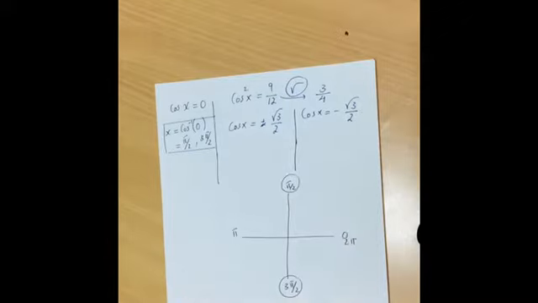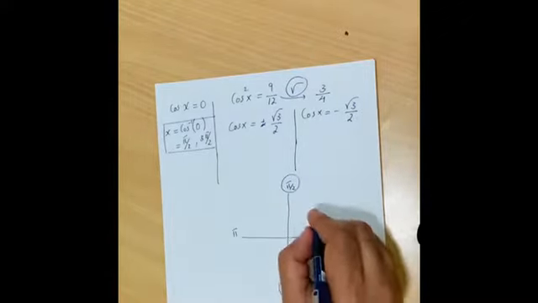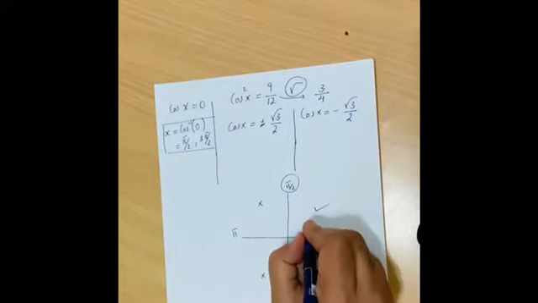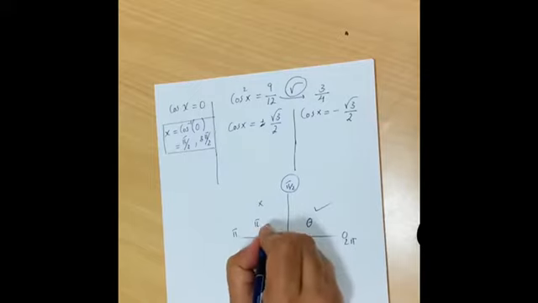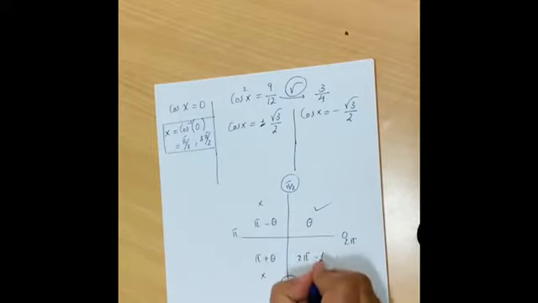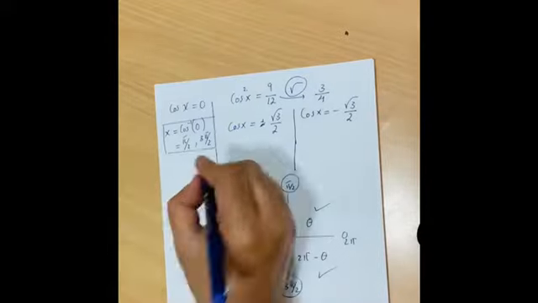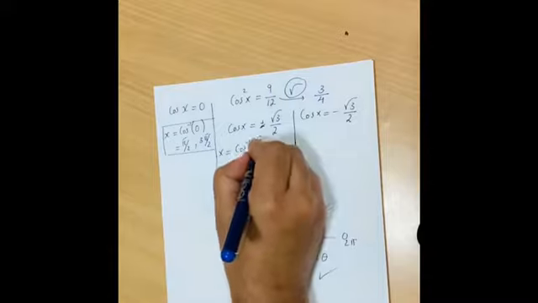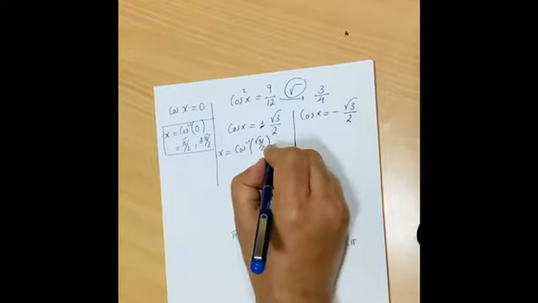Now, for root 3 over 2 and negative root 3 over 2, cosine is positive in the first and fourth quadrants and negative in the second and third. So this is theta, pi minus, pi plus, and 2 pi minus. x equals inverse cosine of root 3 over 2.